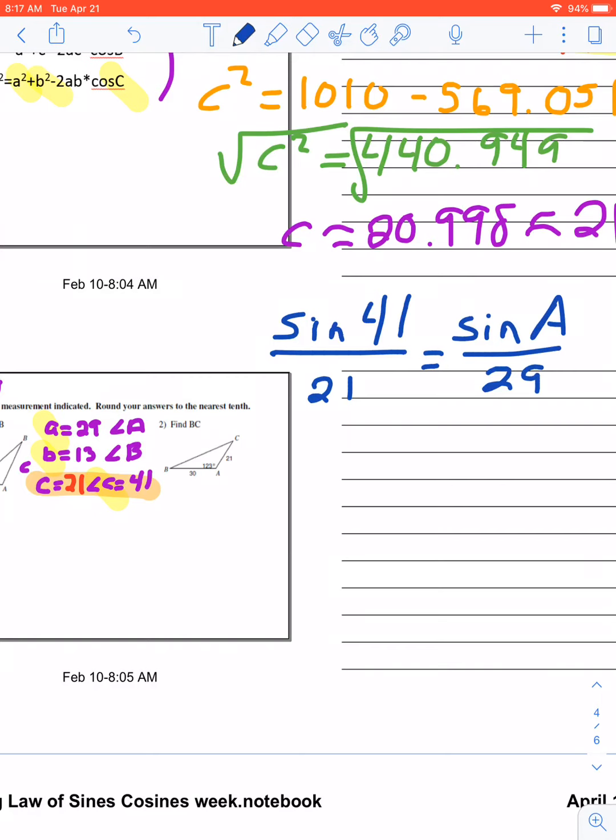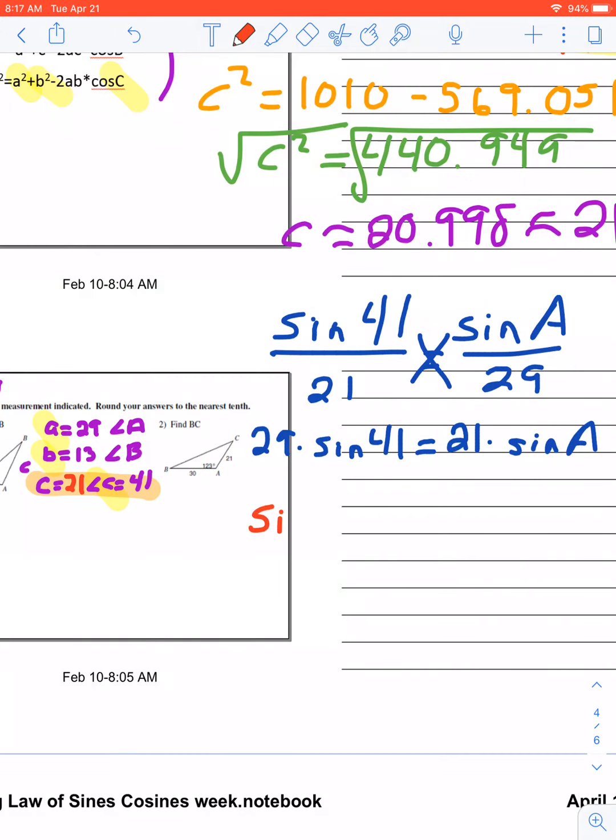This is just like the lesson yesterday when we were solving for an angle measurement instead of a side measurement. Because these are proportional, I'm going to cross multiply, and I get one line of math. Then I divide by 21.